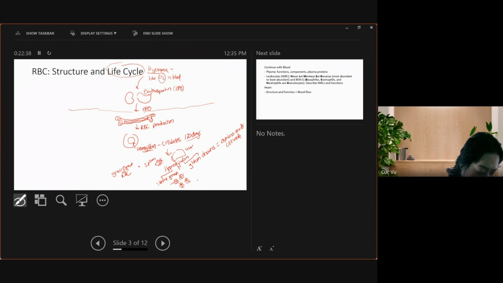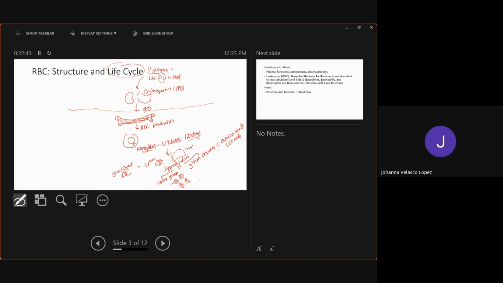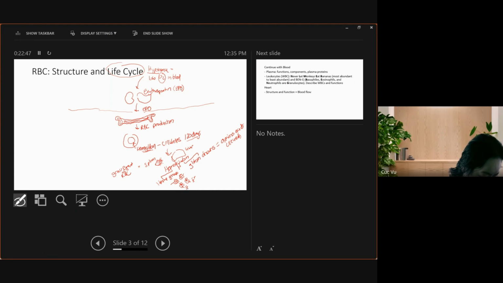What element is essential for the hemes to carry oxygen? Iron. Yeah, iron, that's right. Heme groups will not carry oxygen unless they have the iron.